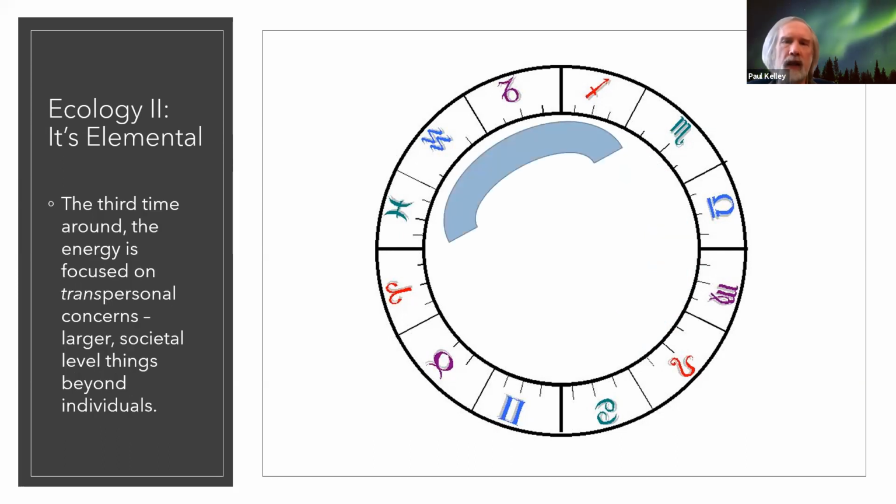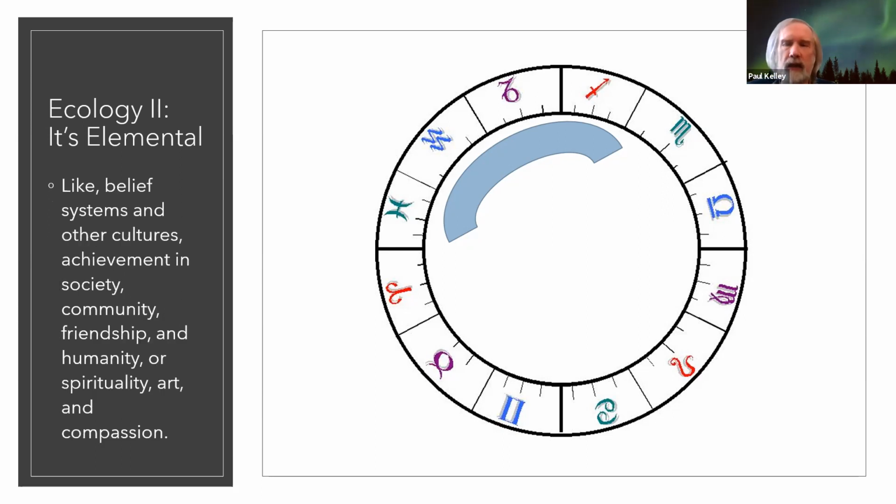Interpersonal. The third and final time through the elements, the energy is focused on transpersonal concerns. That's kind of a new-agey word, so I like to put it in plain everyday language. This is a level of society, of generations, larger things beyond individuals and beyond small groups of individuals.